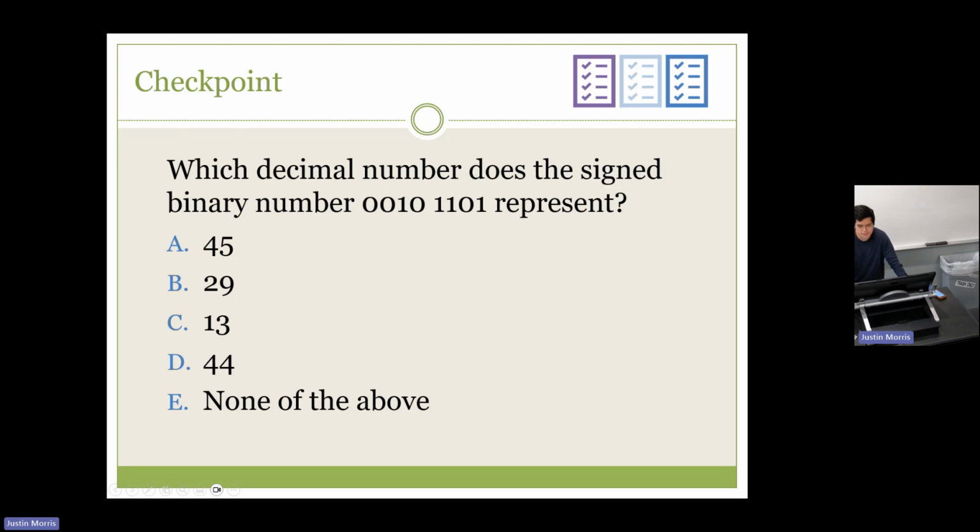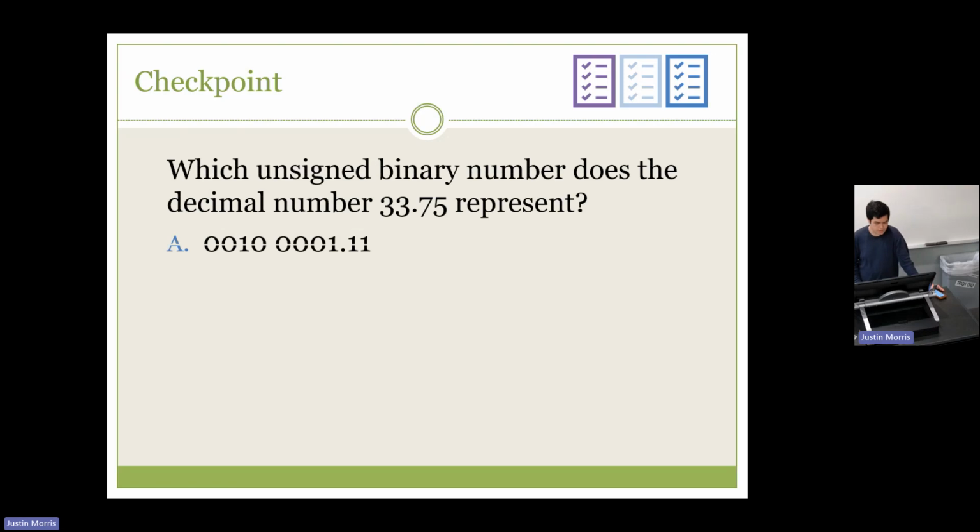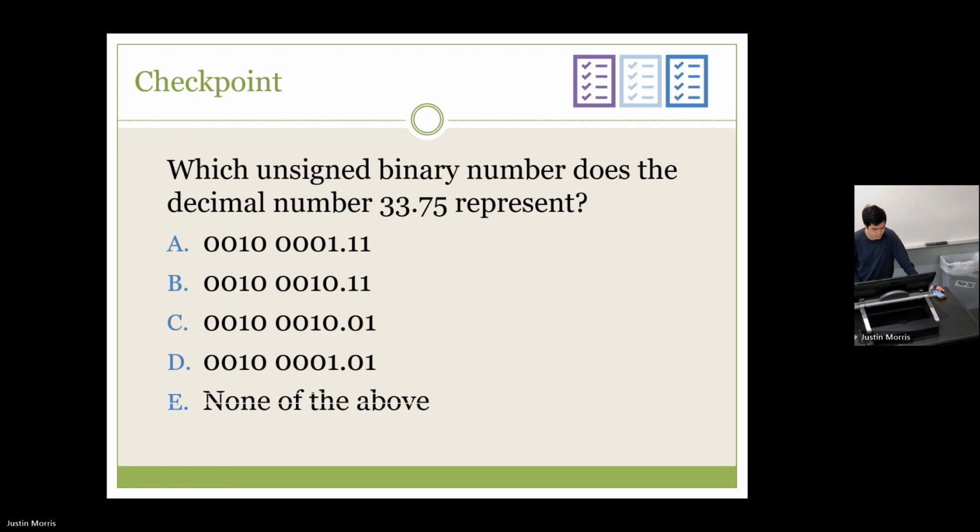And then what's this whole thing? 13. So 32 plus 13 is okay, right? Alright, so this one is the last one. We're now unsigned. And we want fixed point binary.